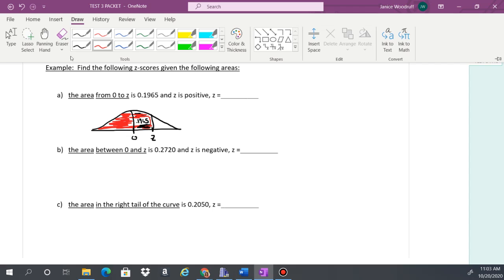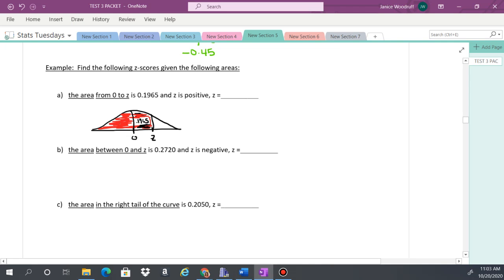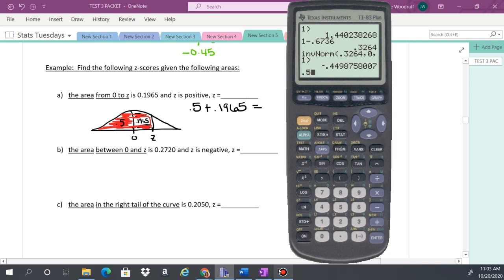What is the area to the left of 0? 1/2, 0.5. So half of the curve is to the left of 0, half of the curve is to the right of 0. So if half of the curve to the left of 0 is 0.5, I'm going to go 0.5 plus 0.1965. That's going to give me the total area to the left. So 0.6965.